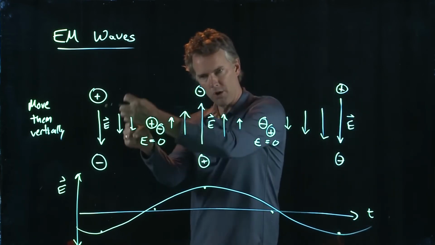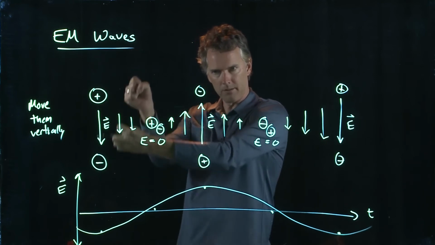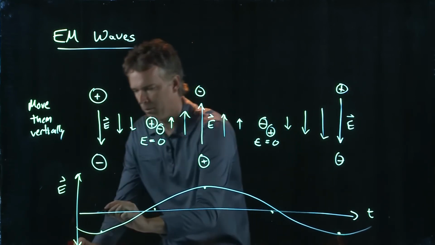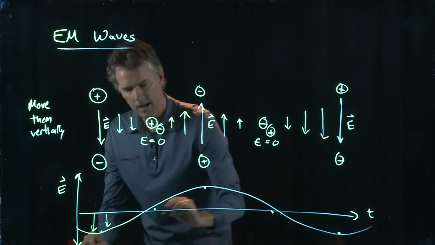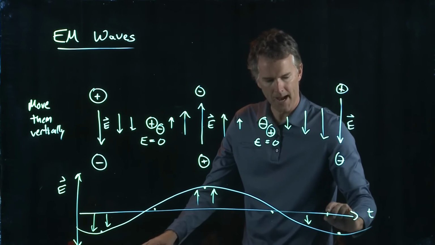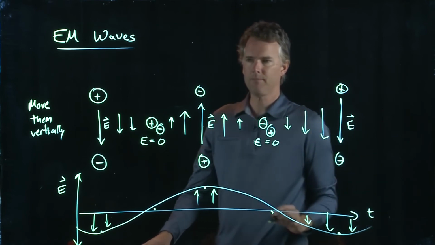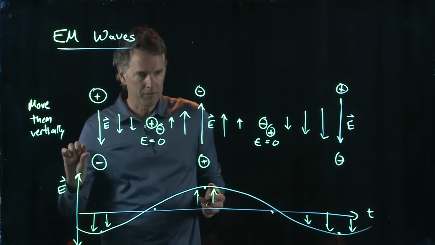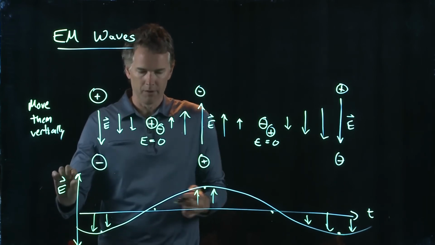As I move these charges up and down, the electric field is going to oscillate up and down. It's pointing down here. And then it's pointing up here. And then it's pointing down over here. And so forth.